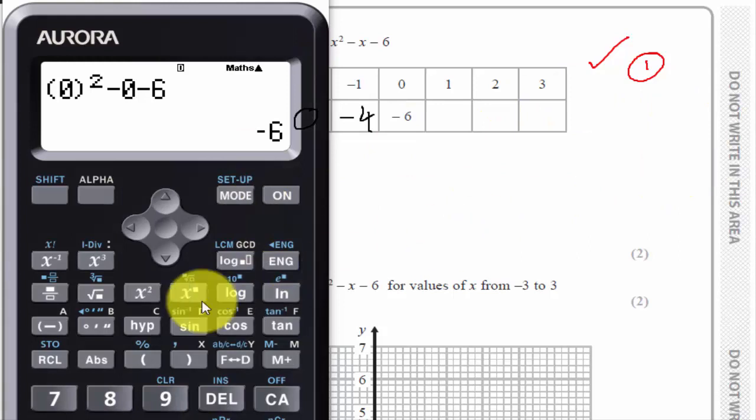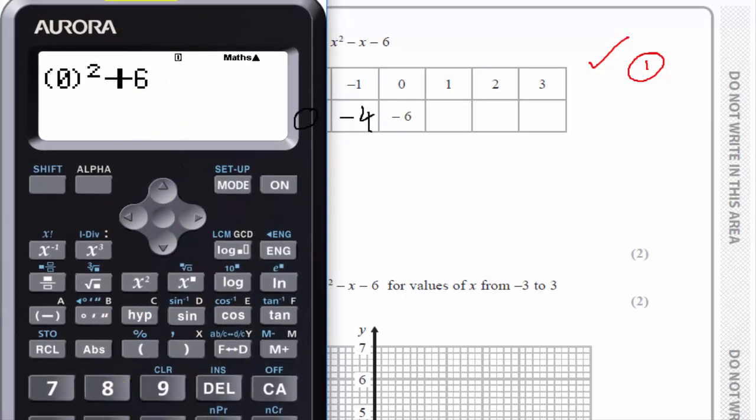Okay, if x is 1, and y is minus 6. If x is 2, y is minus 4.